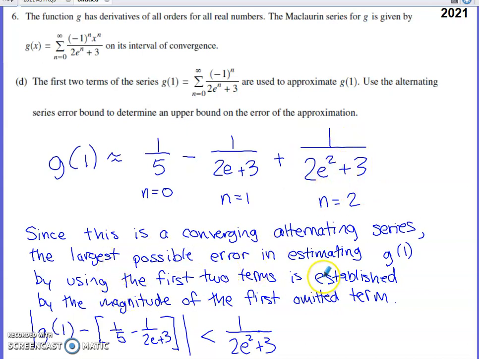So I've basically said that in writing here. The difference between g of 1 and the estimate from the first two terms, and I've got absolute values there, right? We don't necessarily care if it's an overestimate or an underestimate, but the most possible error that I could have within this would be established by that first omitted term, which would be the term with 2 being placed in for the n's.